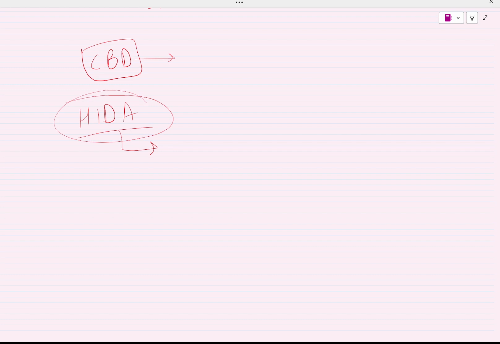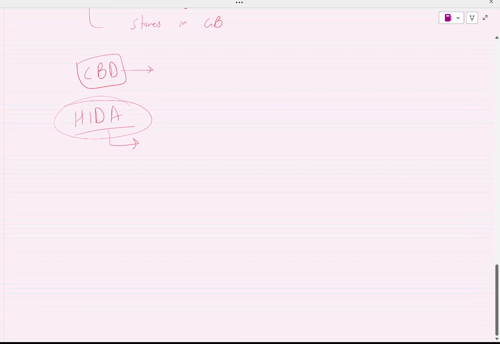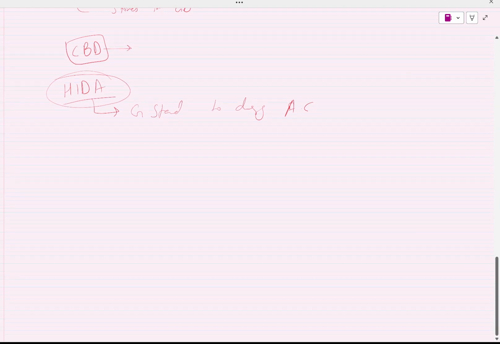So what is the advantage? It is highly sensitive and specific. It is also considered the gold standard test to diagnose acute cholecystitis. So what will we find?